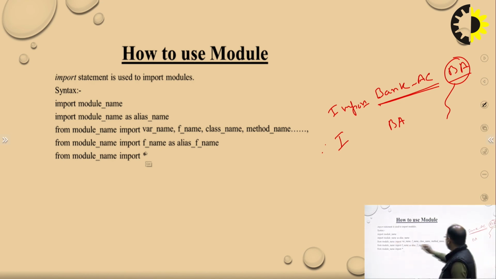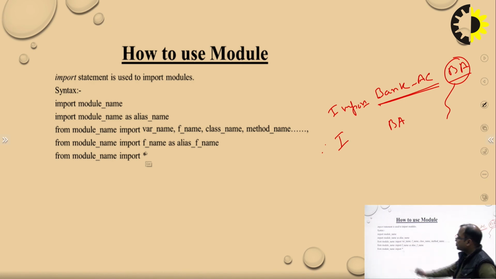Suppose there is a bank module and we want to access only the account holder's name, holder's address, phone number, separated with commas. Any number of files, submodules, or functions we can access from that module with the help of this from-module keyword.